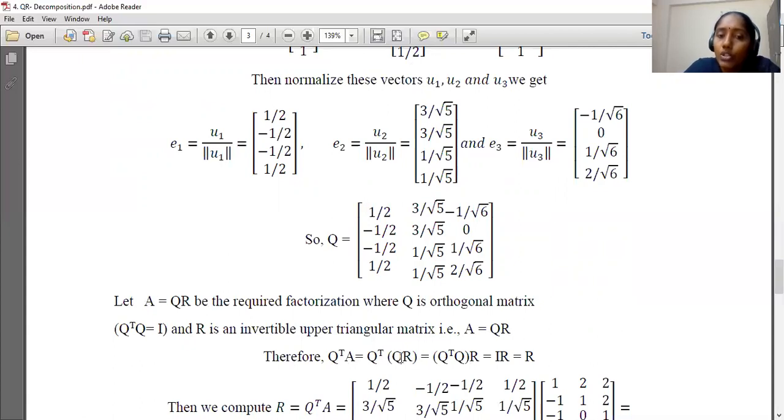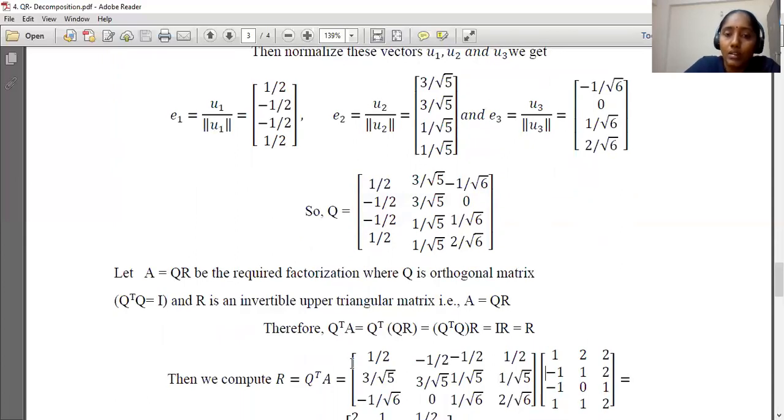Then Q transpose Q is equal to I, which leaves R. Here R is nothing but Q transpose A. Not only by the product of vectors, we can find R as Q transpose A. Already having found Q, just write the transpose of that matrix, Q transpose, times the matrix A.